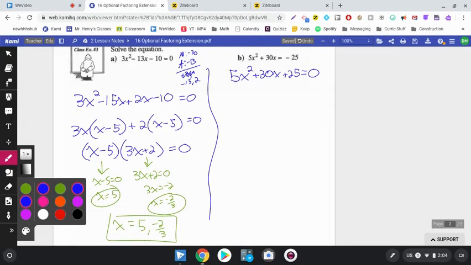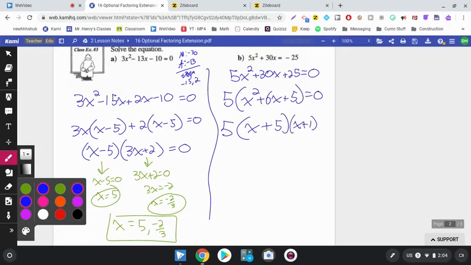Okay. Well, if I'm going to factor this, bring out the common factor of 5. x squared plus 6x plus 5 equals 0. And now I factor the part in the middle, x plus 5, x plus 1. Great. So now I have 3 things that are multiplied. The 5 times the first factor times the second factor. Well, if this bracket or this bracket equals 0, I'm good.